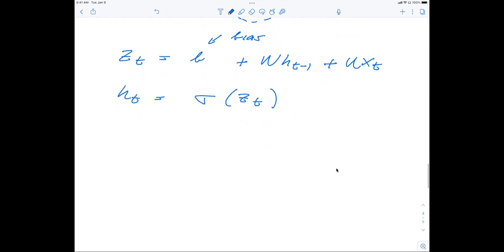The next thing we need is to set up y of t. So y tilde of t is given by some function, g, let's call it that. This is another activation function, and it takes h of t multiplied with the weight matrix V plus a C here, which is the bias.